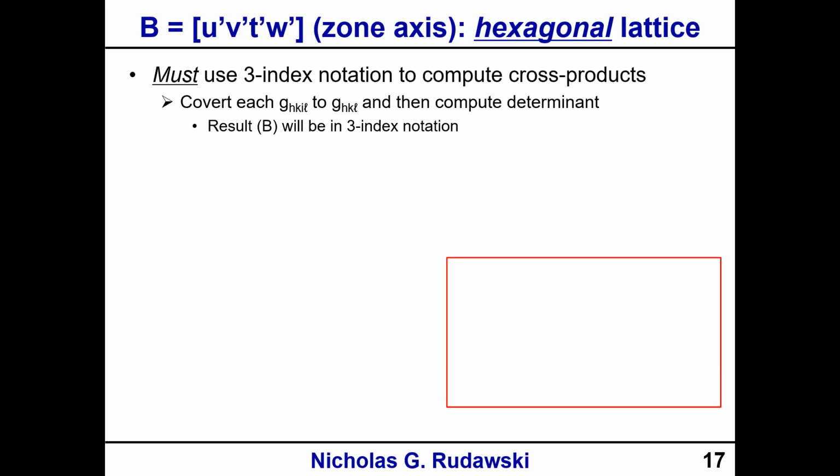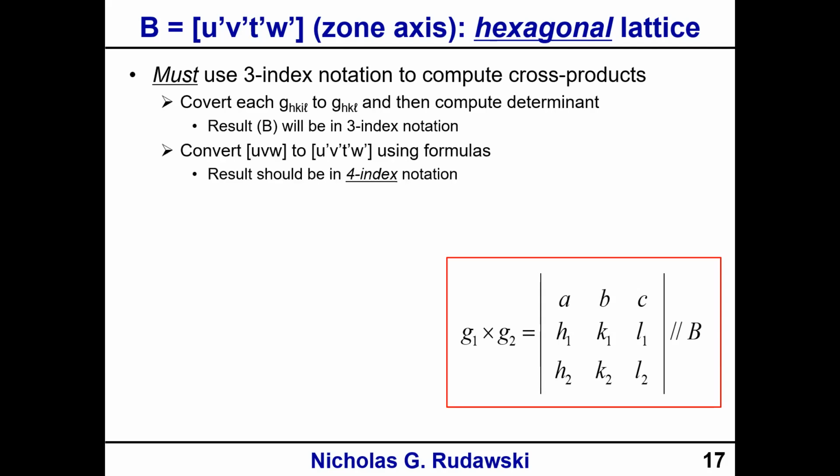Then we're going to get the result in 3-index notation. This is what we have to do right here, a standard cross product. This is valid, by the way, regardless of your lattice type. You could do this with a triclinic crystal and your answer will be valid. This works whether it's hexagonal lattice, monoclinic lattice, cubic lattice, whatever. Doesn't matter.